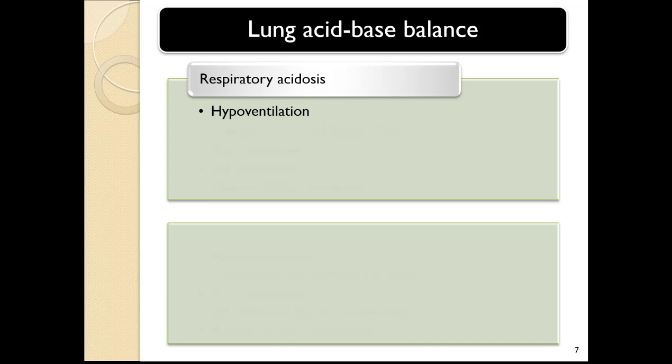Well, what's going to happen in regards to carbon dioxide, because that's what we're talking about here, because carbon dioxide is what affects the acid-base balance. Carbon dioxide is going to build up or accumulate in your tissues and therefore is going to accumulate in your blood. So holding your breath causes accumulation of carbon dioxide in your blood.